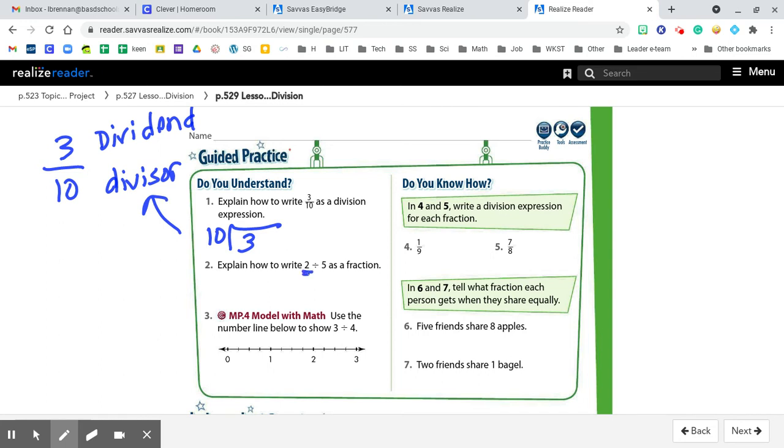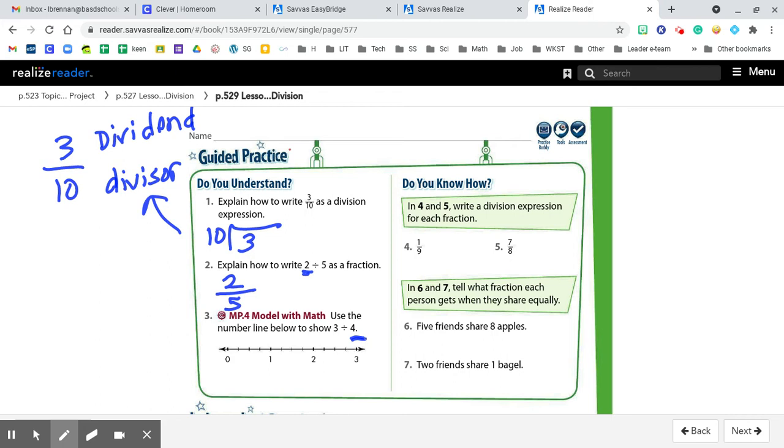So the 2 is going to be the numerator because it is the dividend, and the 5 is the denominator because it's the divisor. Use the number line below to show 3 divided by 4. So we took the number line and we divided it into fourths because that's our divisor. We're going to show our answer in fourths.